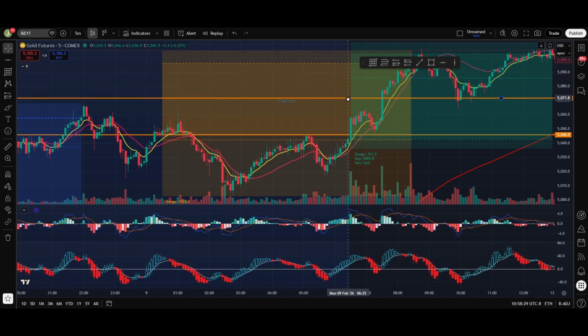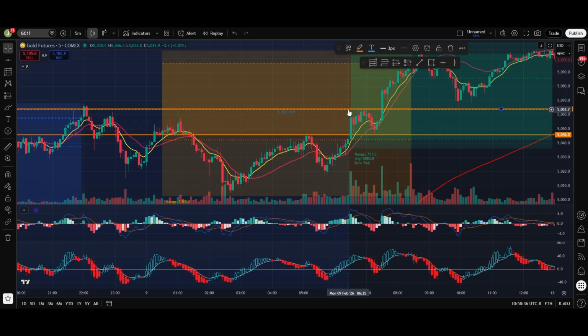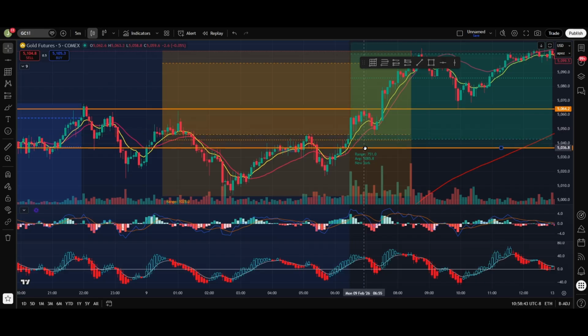I just said $240 if you're trading a micro. Sorry, if you're trading full size, it is $2,400. Okay, so now we mark out our first candle high and low.